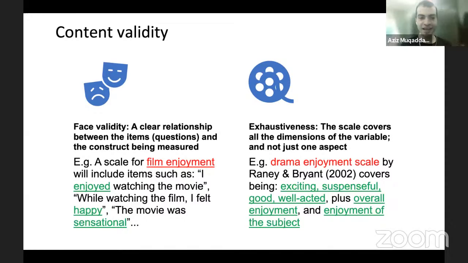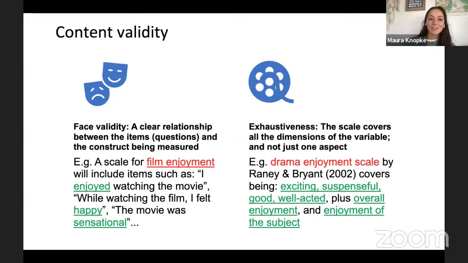So this scale is not only asking, did you enjoy it or not? That's the overall enjoyment. But do you think that show was well acted? Do you think the actors were doing a good job?